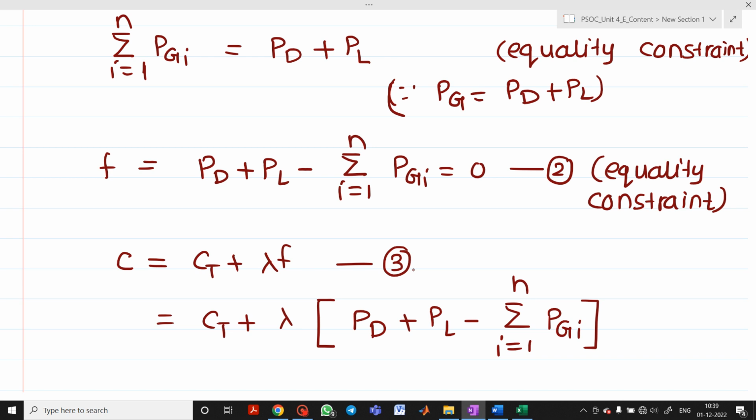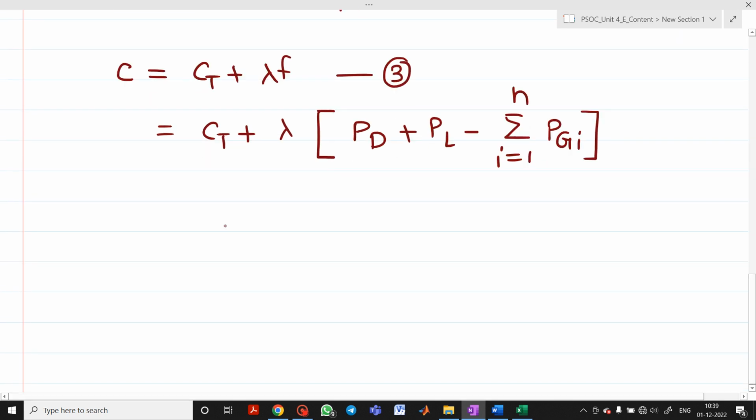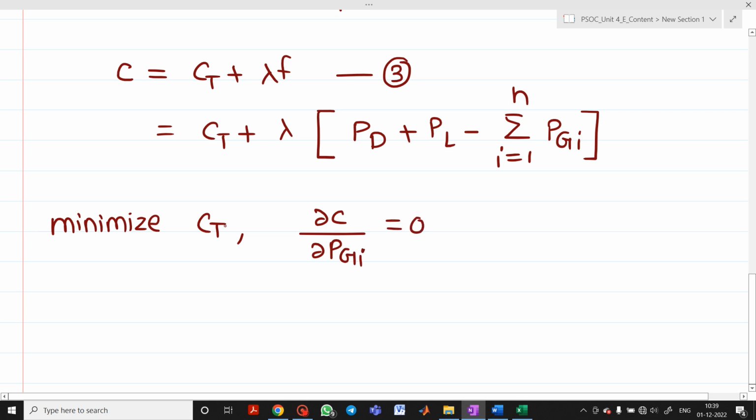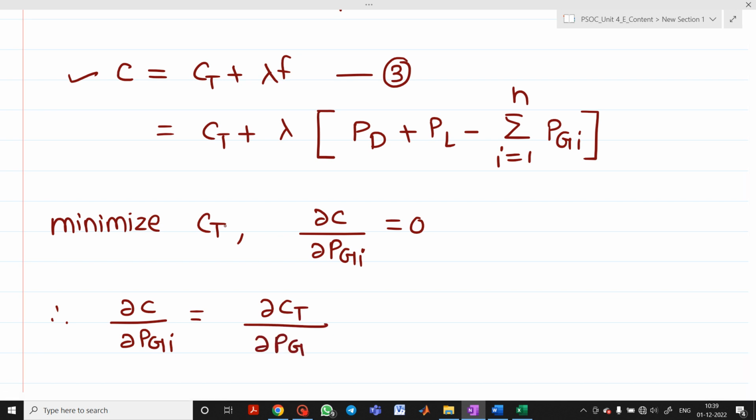Now we know that if I want to minimize the total cost of generation, I will write it as minimize total cost of generation. So we know delta C upon delta PGi will be equal to 0. Therefore, from this expression I can write delta C upon delta PGi will be equal to delta Ct upon delta PGi plus lambda.